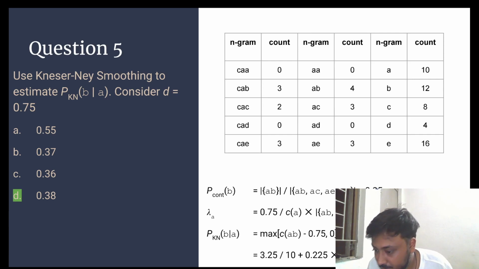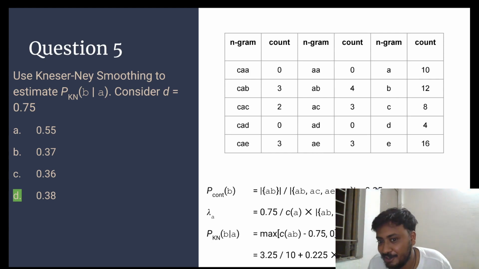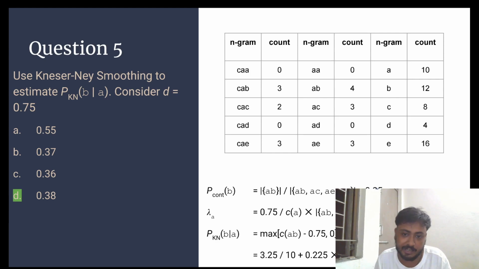Hello, sir. Is there any chance of getting these types of questions in the final exam? That I am not very sure. The instructor and the other TAs will be able to say. We have just been asked by NPTEL to give you these sessions based on previous year's assignments, so that you are able to solve this year's assignments in a better way, or you are able to understand them clearly before solving.